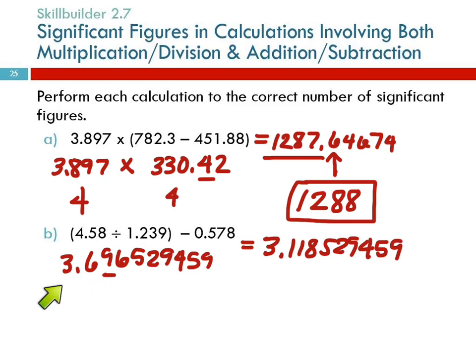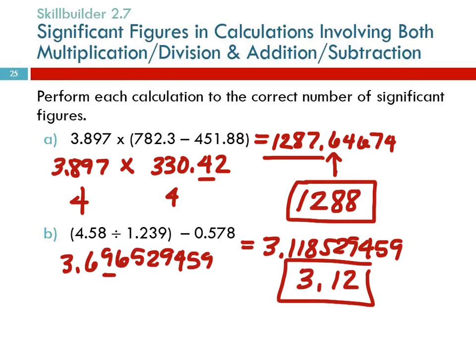How many decimal places are significant in this number? 2. 3 sig figs, 2 decimal places, the 6 and the 9. We include the first uncertain, but nothing after. And then over here, we've got 3 decimal places. So our answer should be rounded to 2 decimal places. So we would record this as 3.12.